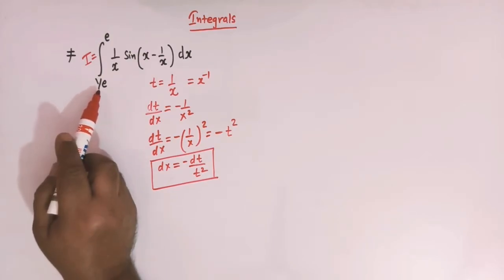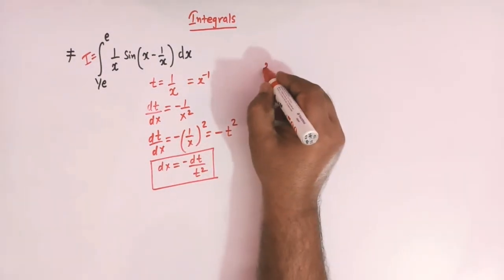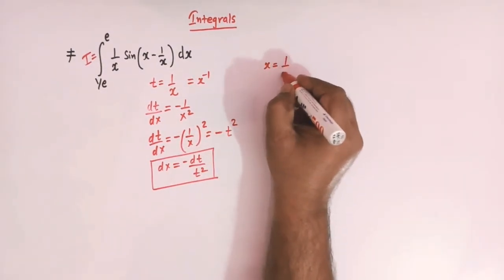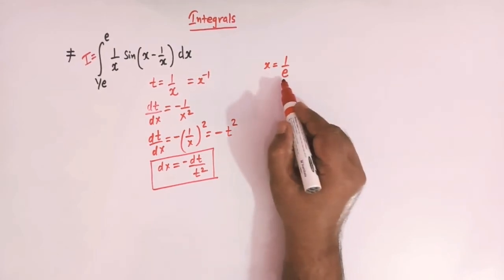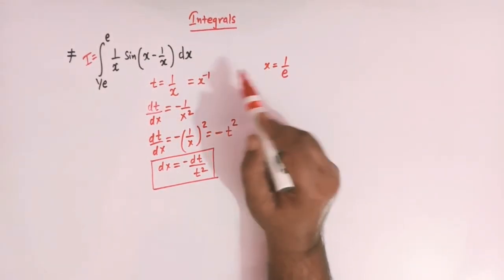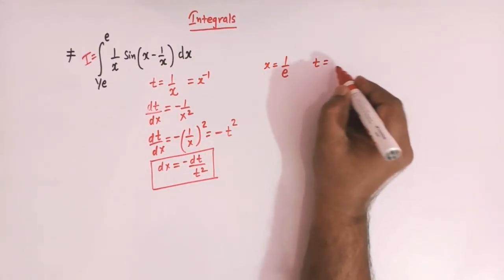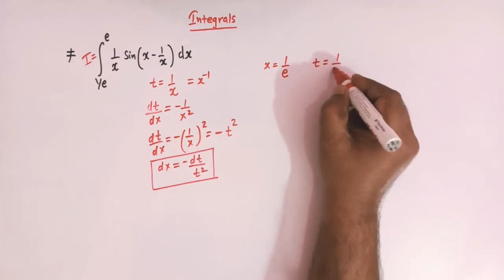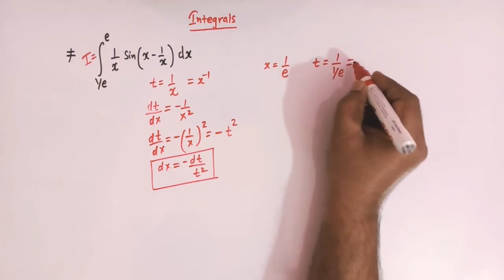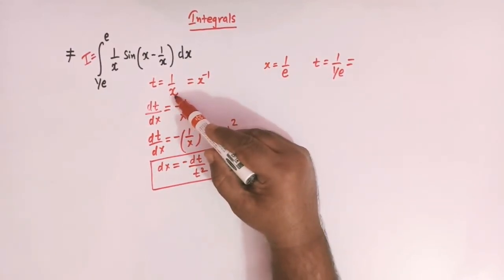Now see here the lower limit is 1 over e and the upper limit is e. So let us find the corresponding values of t. When x is 1 over e, t is equal to e, because we substitute x is equal to 1 over e.